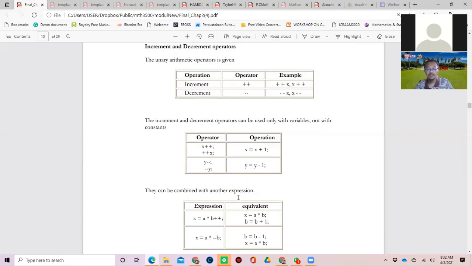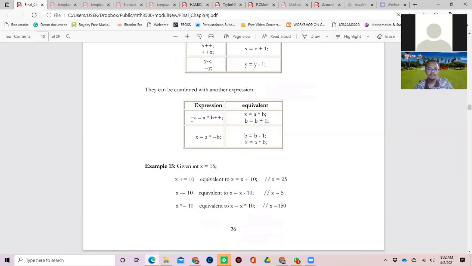Okay, this is the meaning of plus plus and minus minus. If we combine some of the operators, for example the expression here, x equals a times b plus plus, we focus on b plus plus here. The logic in C is like this: we calculate a times b first, and then after that we calculate b plus 1.